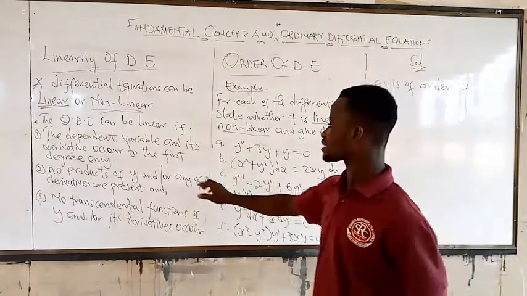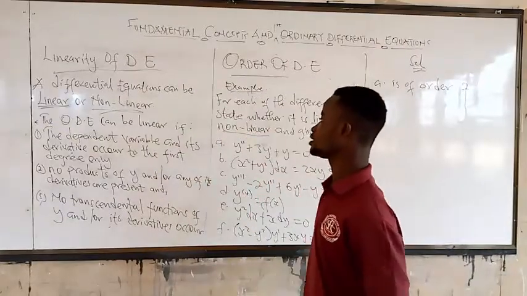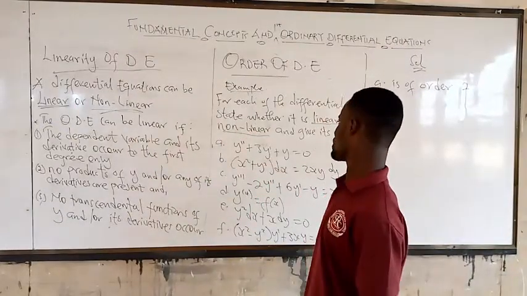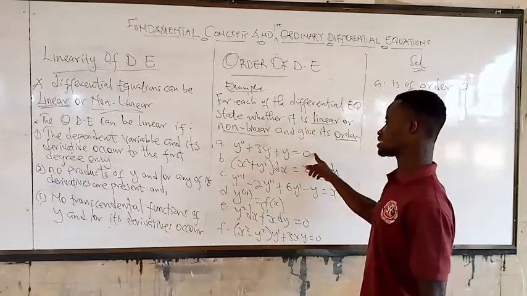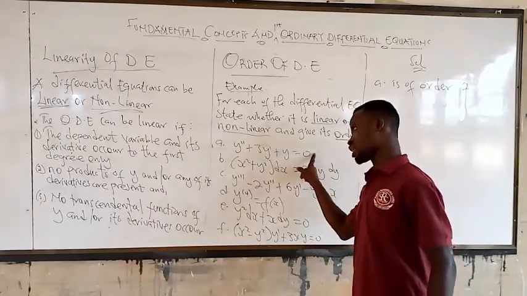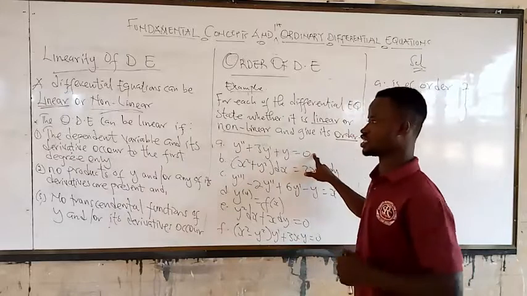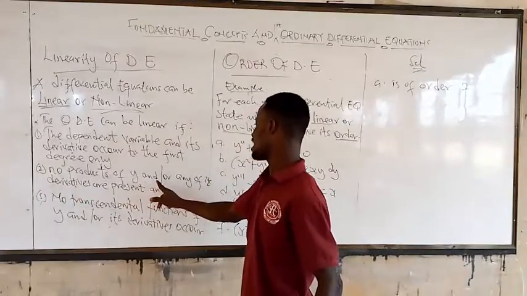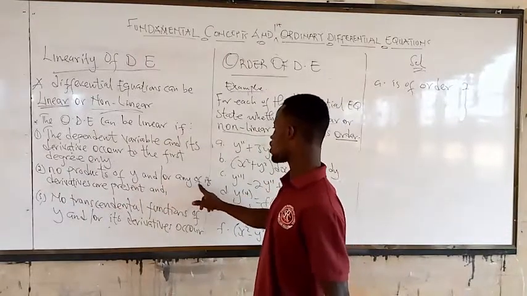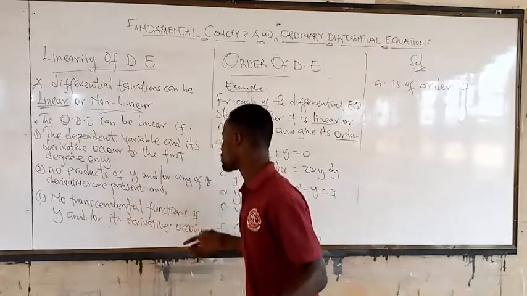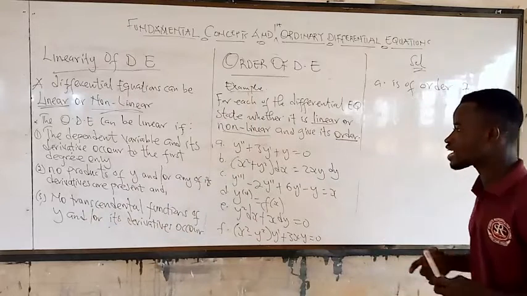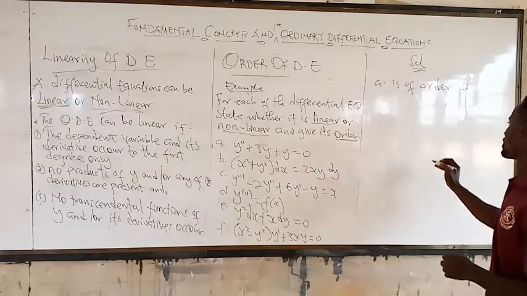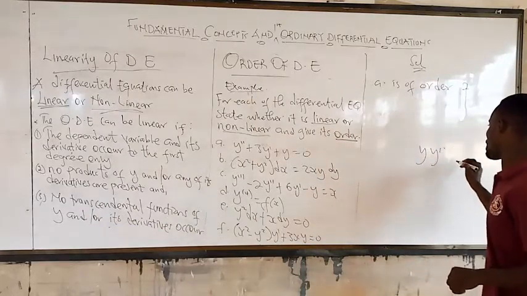So looking at the first condition, we can see that such is not here. So the first condition is met. The second condition: no product of y and any of its derivatives, like y prime prime.